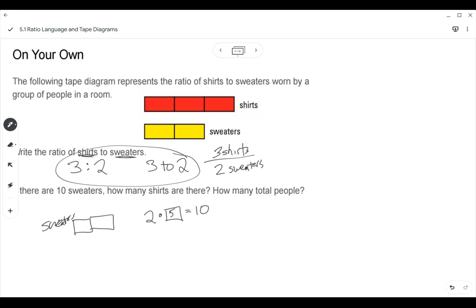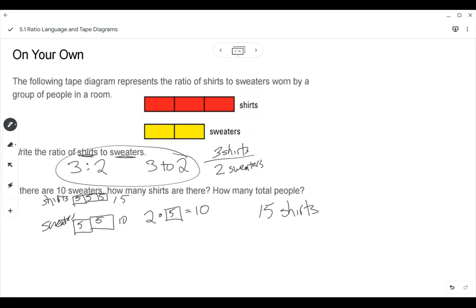Oh, 5. 5 here and 5 here would make 10 total. So if 5 is going in the boxes and it's saying how many shirts are there, then in the 3 boxes for shirts, we're also going to put 5s, and that would be 5, 10, 15. So there are 15 shirts if there's 10 sweaters.